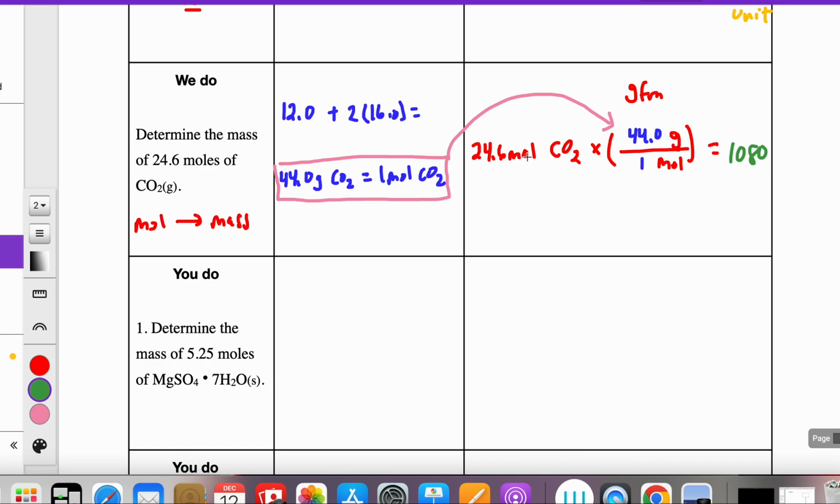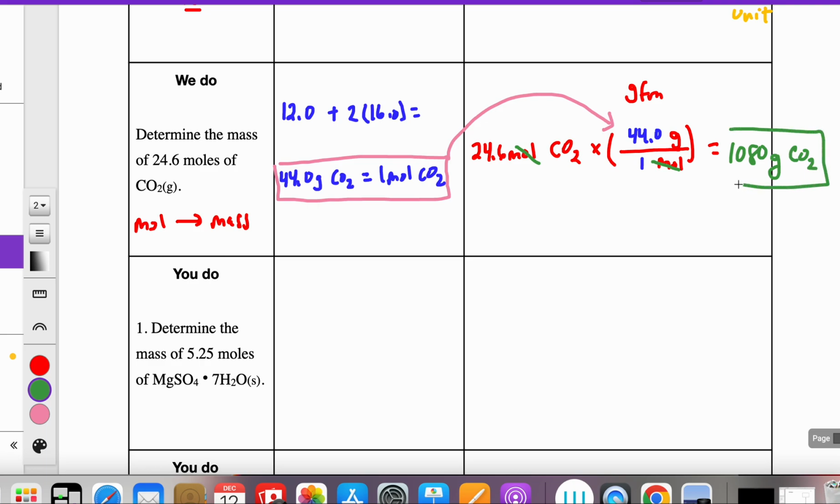I have mole times grams divided by moles. I have a moles upstairs and a moles downstairs, so I'm allowed to cross them off. They reduce. So my unit that remains is the gram. And the only substance present in this mathematical equation is CO2. So I'm labeling. I have 1080 grams of CO2.